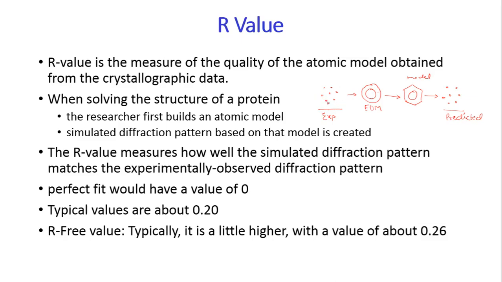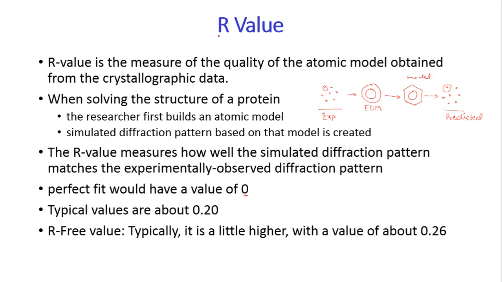A perfect fit would have the same spot in the predicted diffraction pattern as is present in the experimental diffraction pattern, at the same location. The ideal value would be 0.